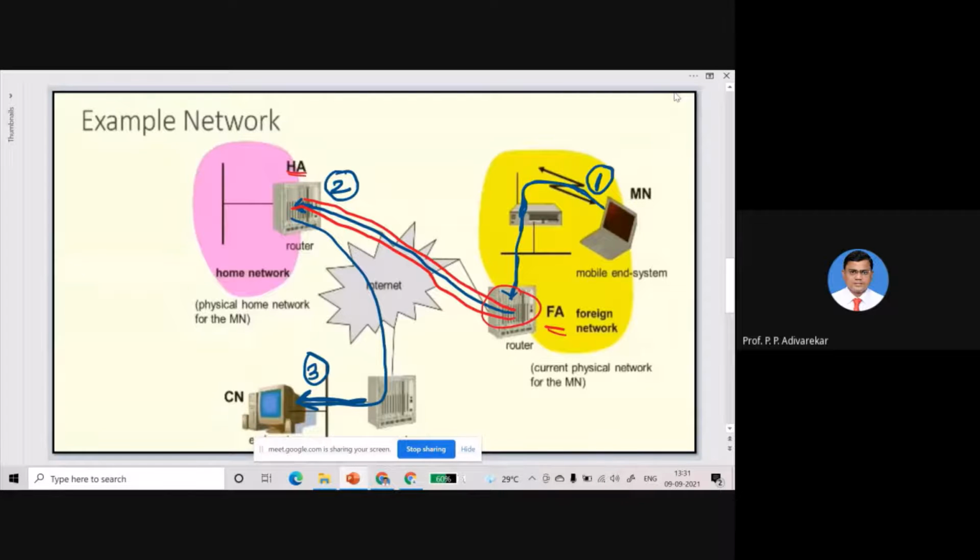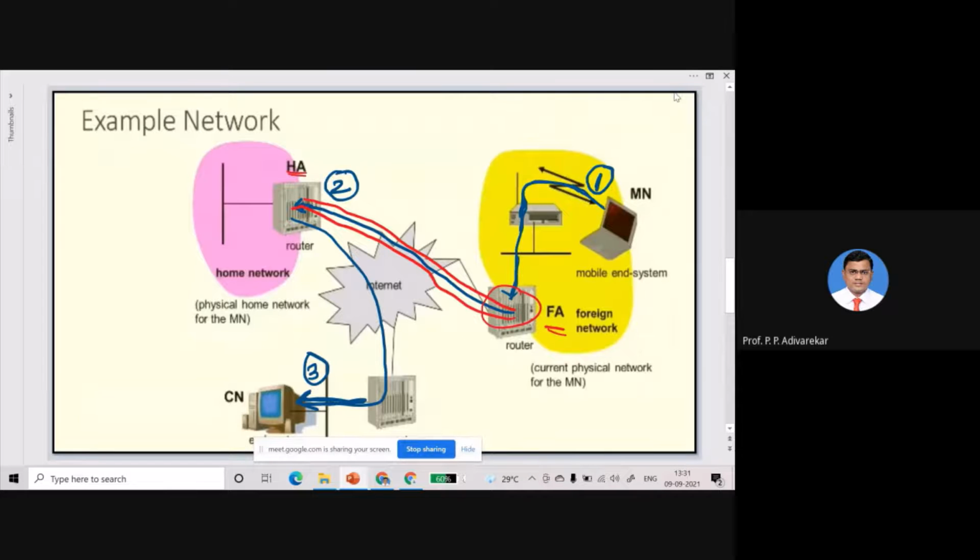When the packet reaches the foreign agent, it understands that the source of this packet is temporarily inside the current network, so it will generate a tunnel header with the care-of address as the source address and the correspondent node address as the destination address.